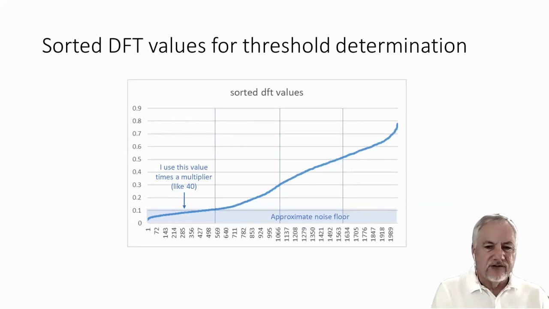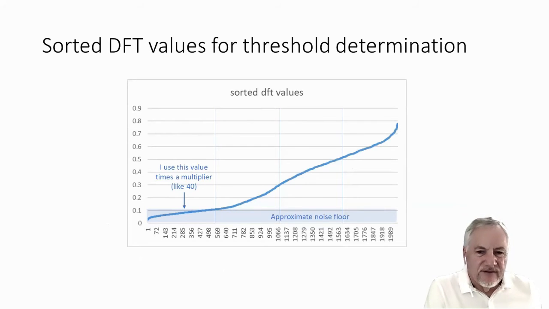Now, what do we use as a threshold? Well, we only have to calculate the threshold once for each type of device, so we can be a little bit more liberal here. In this particular case, I have chosen a method of sorting the DFT data that you saw in the previous chart from low to high. And this is what the sorted data looks like.